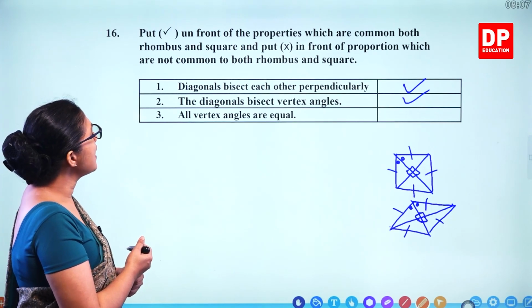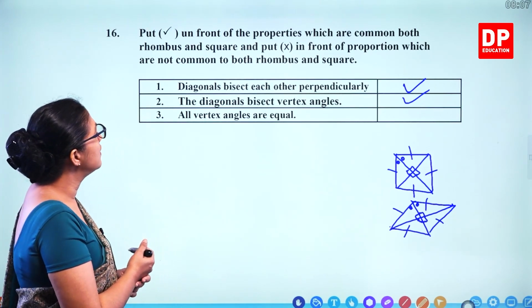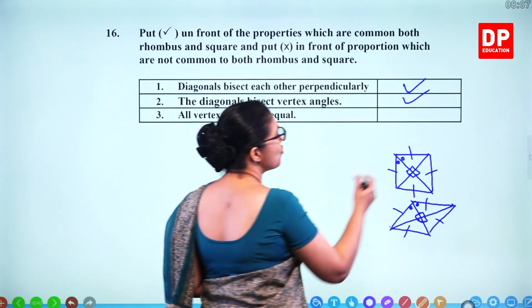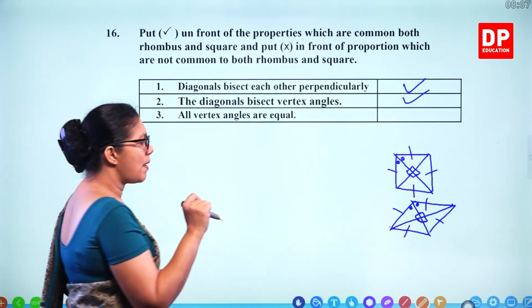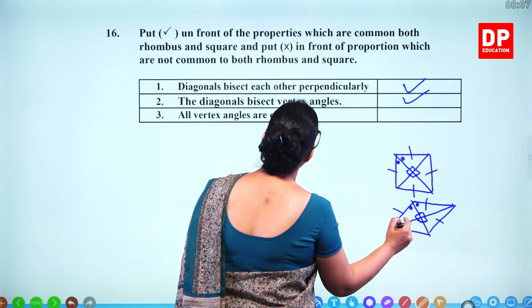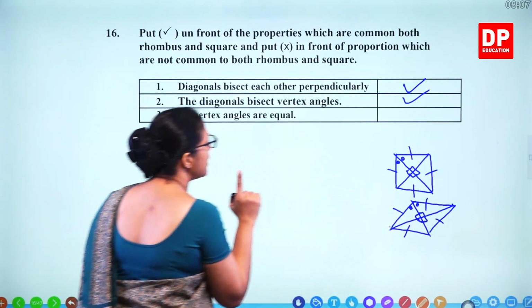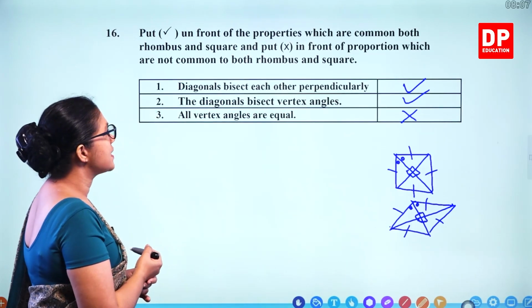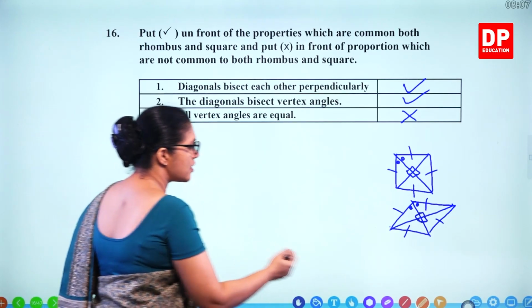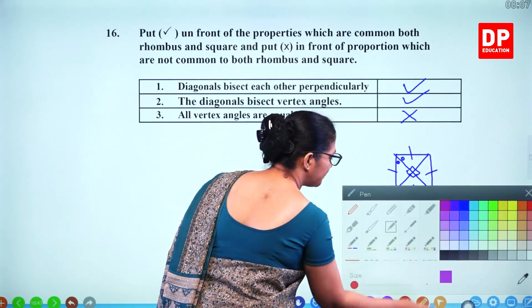All vertex angles are equal. No, that's not true. For a square, all angles are 90 degrees, but for a rhombus, vertex angles are not equal. That's wrong for rhombus. So you get 2 marks for that.